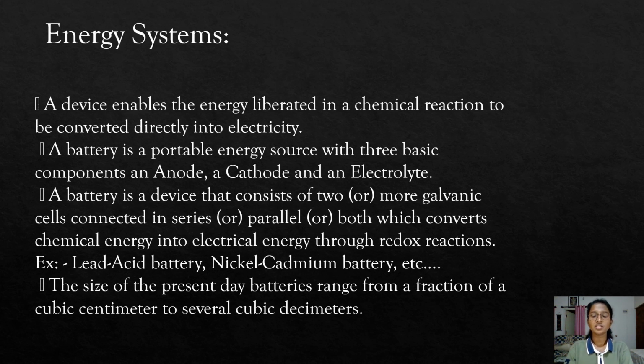A battery is a device that consists of two or more galvanic cells connected in series or parallel or both, which converts chemical energy into electrical energy through redox reactions. Let us go through some of the examples: lead acid battery, nickel cadmium battery, etc. The size of the present day batteries range from a fraction of a cubic centimeter to several cubic decimeters.